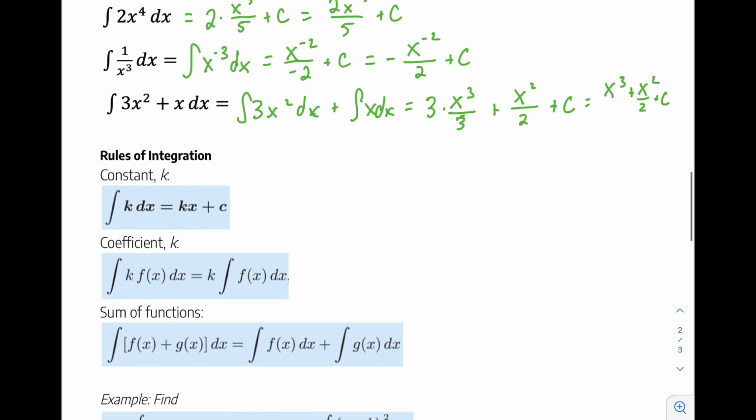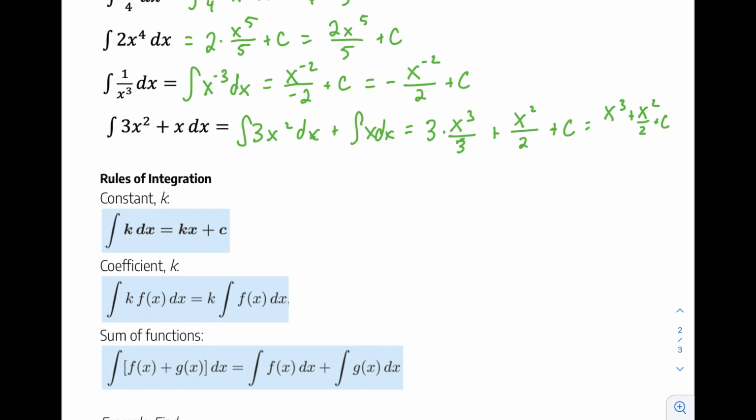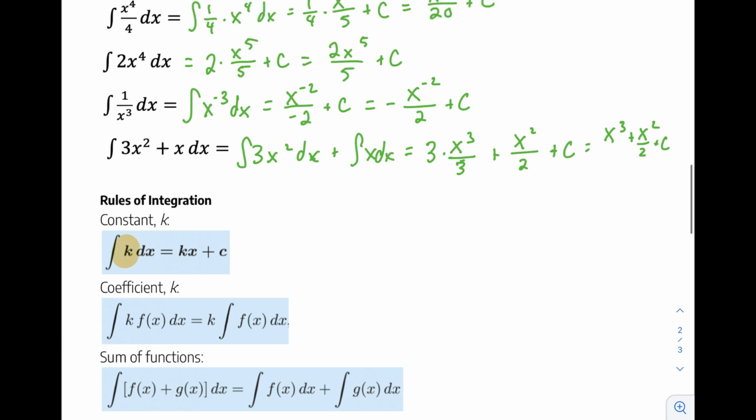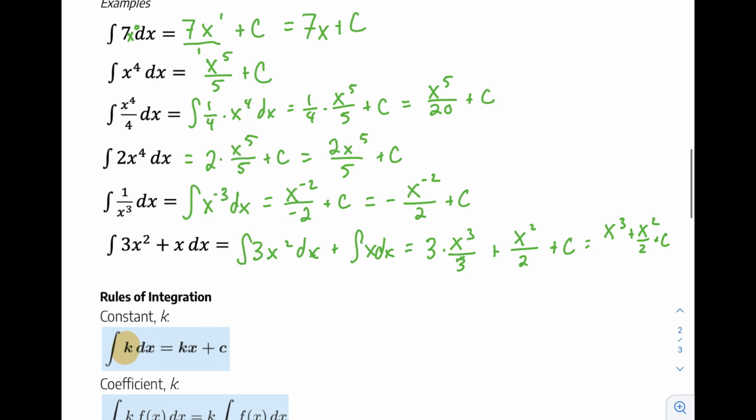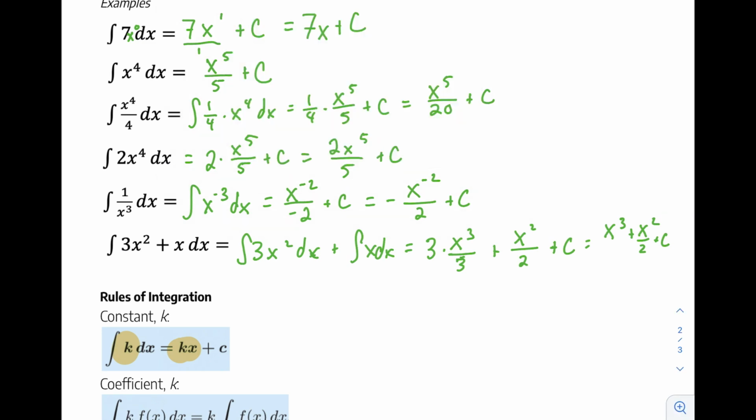Good. Now what you've noticed is that when we're doing these integrals, we have very similar rules to derivatives. When we have a constant only, like our first example, we had the integral of 7, well, the answer is going to be 7x, or the constant times x, and of course that's always plus c.